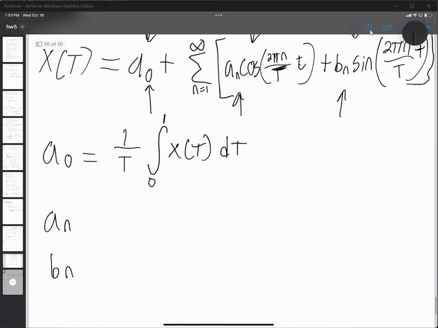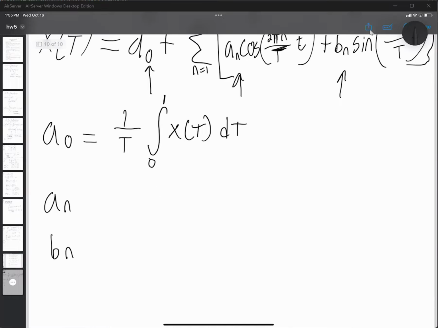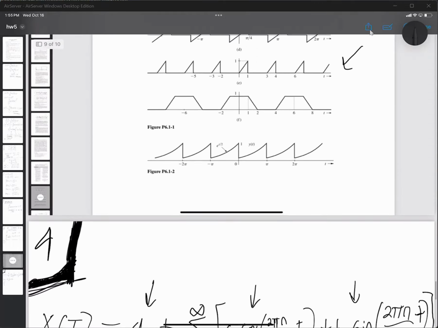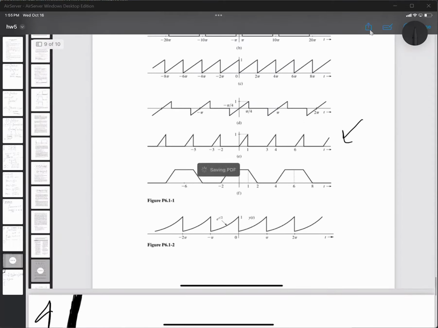Then we need to solve for the cosine and sine versions of the function, this being a and this being b. Depending on your function, if it's even or odd, you won't have to solve for both. If it's odd, you won't have the cosine part, and if it's even, you won't have the sine part.